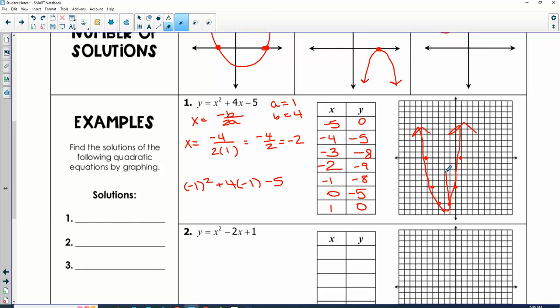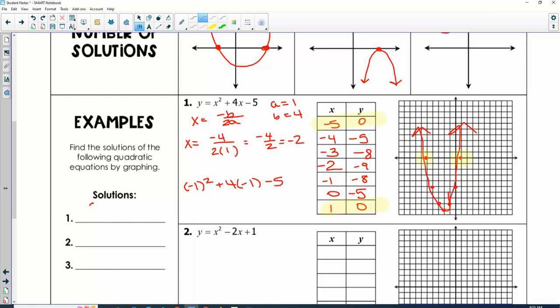So we can tell this two different ways. We can look at our graph and we can see, oh, it hits the x-axis here and here. Or we can look at our table. We're looking for the points when the y is 0. So we can either look here, it's at when x is negative 5 and positive 1, or we can look at our table. My y was 0 with negative 5 and positive 1.